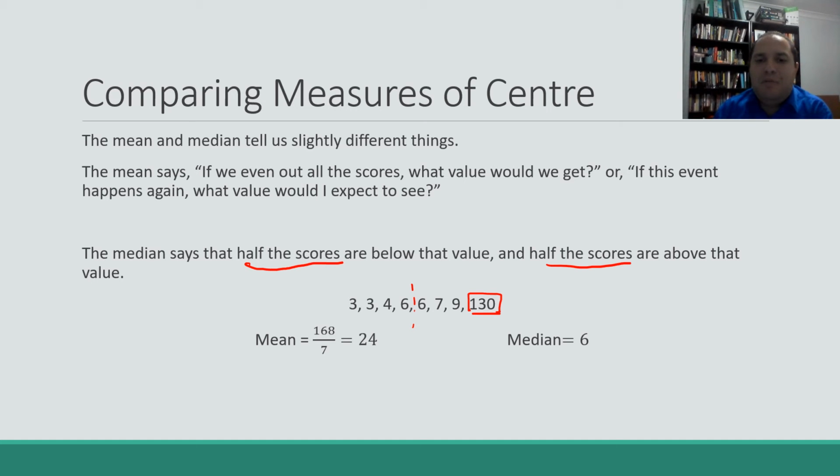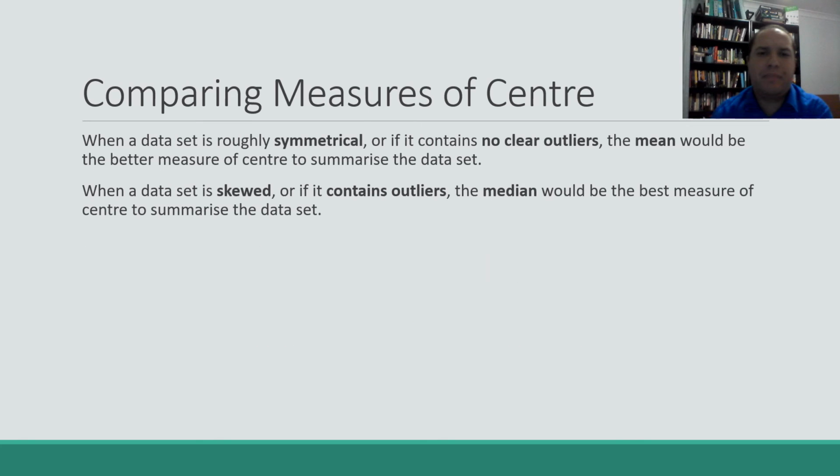That big number could be anything from 10 to 25 to 2000. It's not going to affect this median, because the median says that half the scores are going to be below 6 and half the scores will be above 6. So this median value is not affected by this super large number at the end, whereas the mean is.